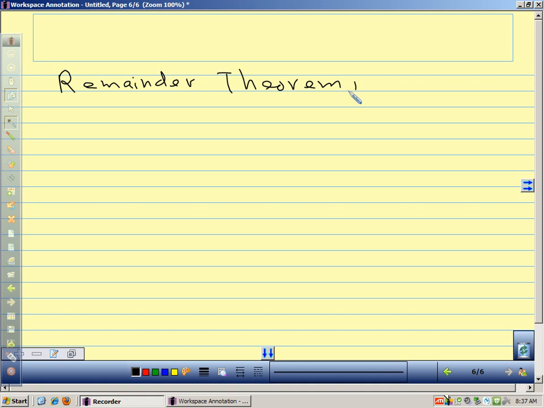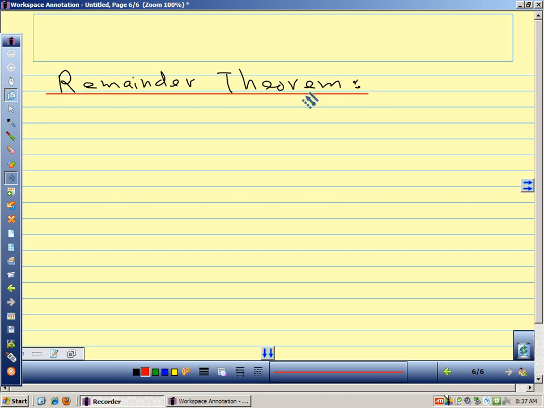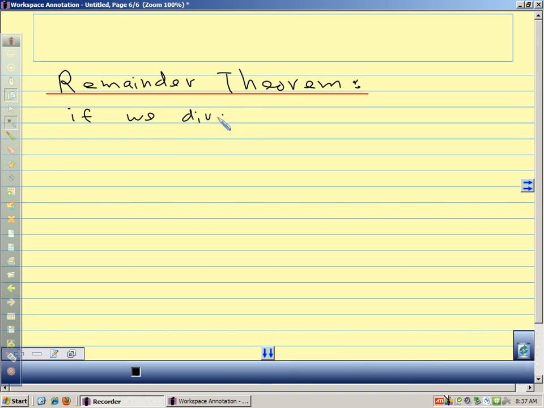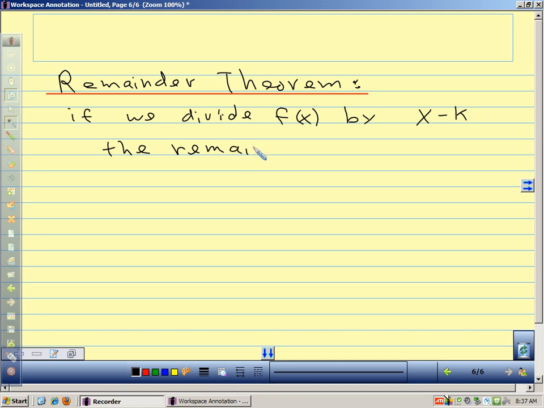The remainder theorem, and this is one place where division is really nice, tells us that if we divide f of x by x minus k, the remainder R is f of k.